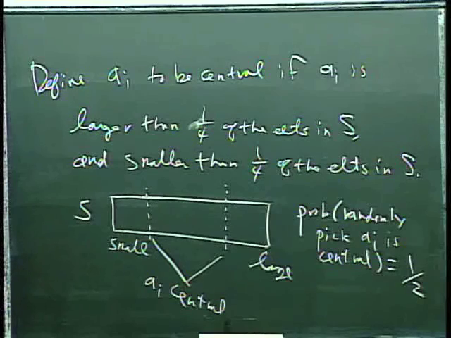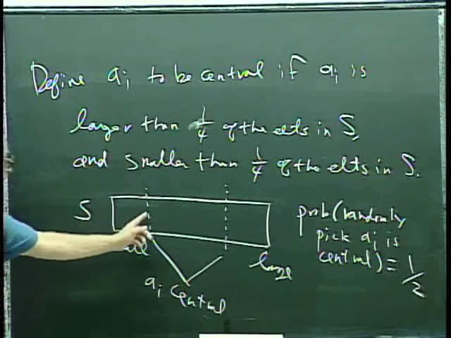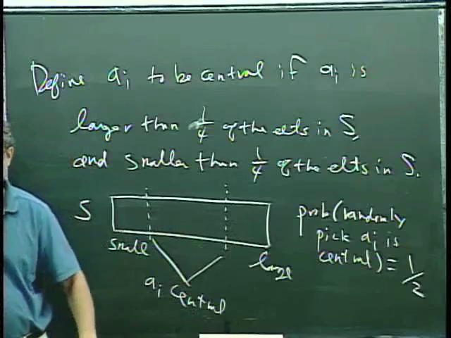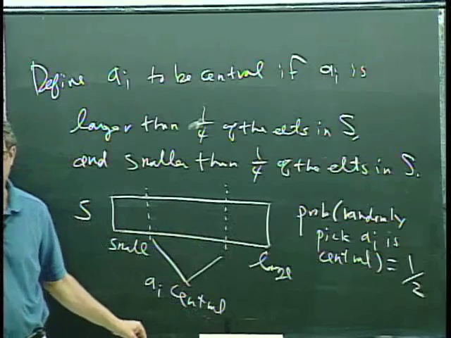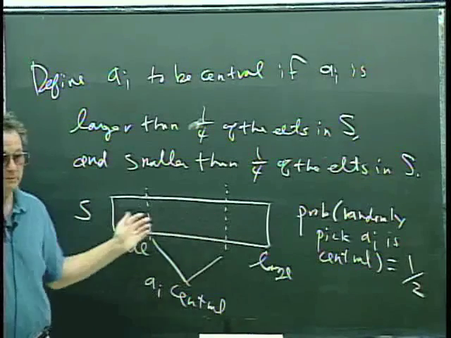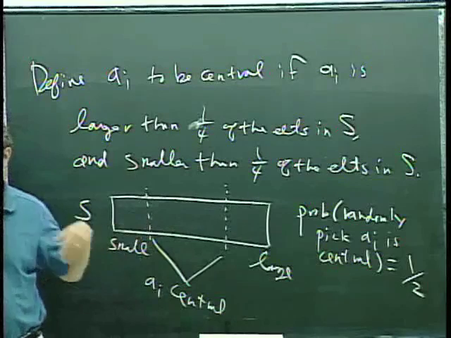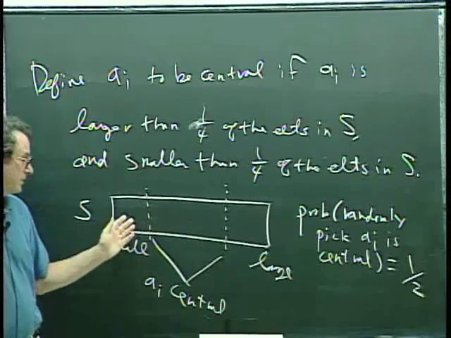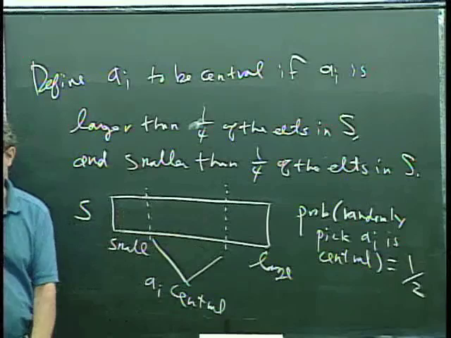All right, so now let's think of picking a splitter as a trial. Success will be if the splitter is central, and failure will be if the splitter is not central. We pick the splitter randomly. If the splitter is central, we call that a success, and if it is not central, we call that a failure.